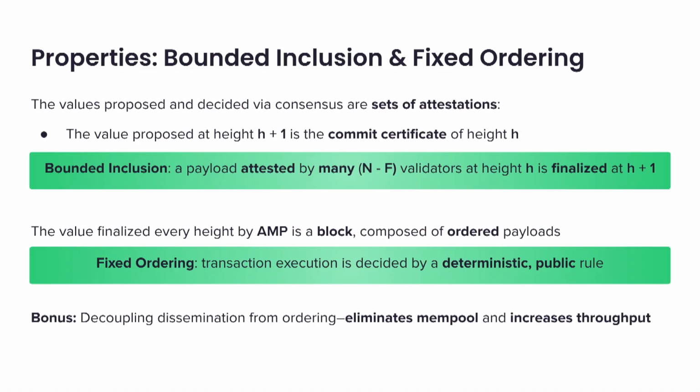This is a known technique to increase throughput, and we're able to eliminate the mempool. The decoupling comes from proposers now being the ones who are disseminating transactions, while the validators purely operate on the payload IDs, those small identifiers for all of the transactions that are included in a payload.